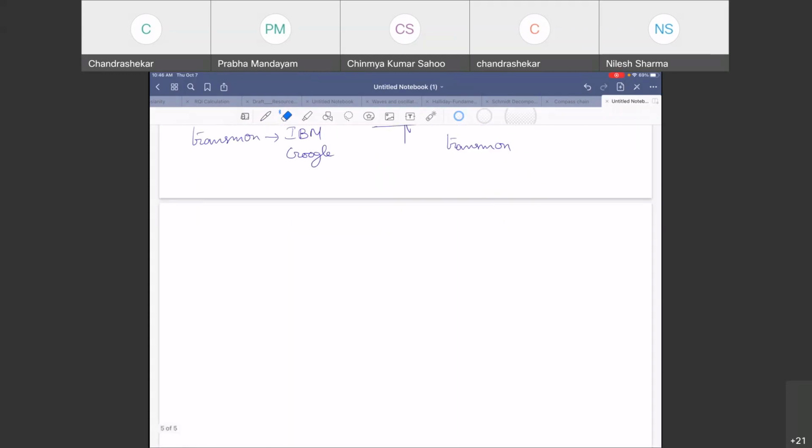Apart from this, the other kinds of qubits are the ion trap qubits, using Penning traps. Penning traps use electrical and magnetic fields which can capture ions and localize them in some region.